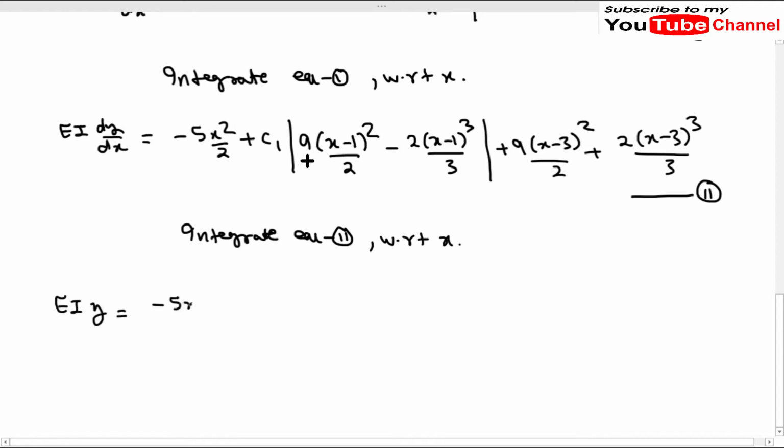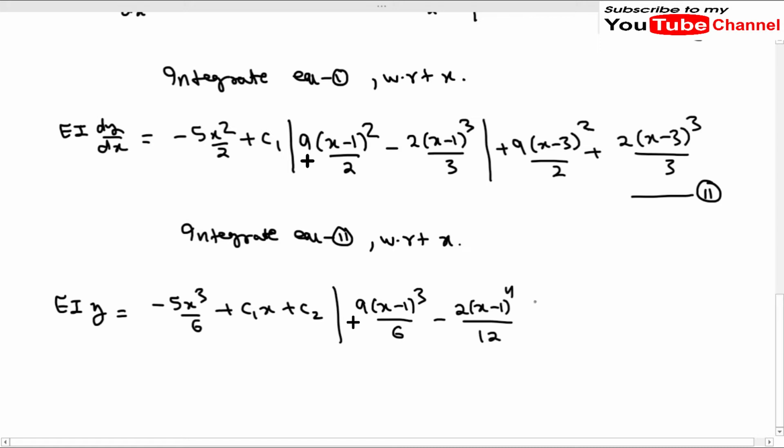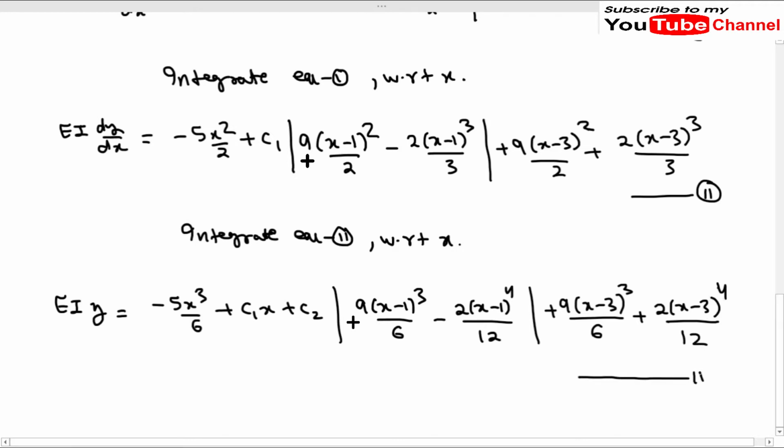So the equation will be 5x cube by 6 plus c1x plus c2, vertical line, 9(x minus 1) whole cube by 6 minus 2(x minus 1) whole 4 by 12, vertical line, plus 9(x minus 3) whole cube by 6 plus 2(x minus 3) whole 4 by 12, because it has cube, so it will become 4. Now this is equation number 3.